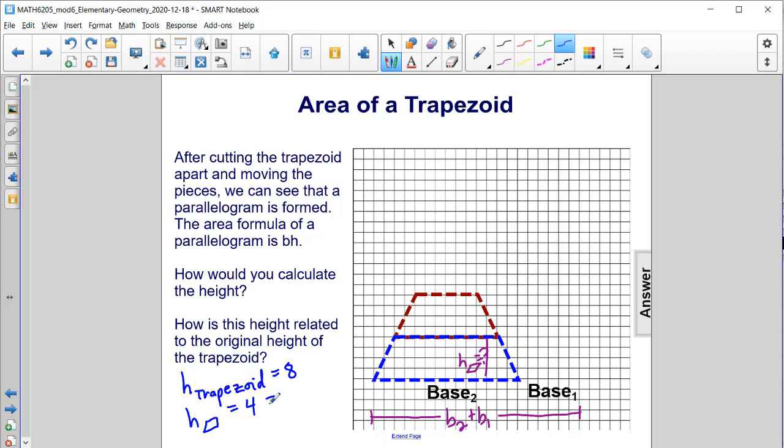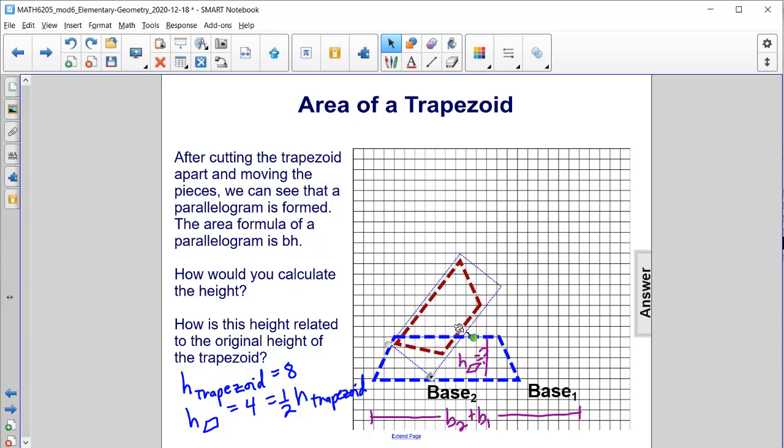So that's 1/2 the height of the trapezoid. And let's actually re-rotate this and put it back where it was. And we can clearly see that this is half of that original trapezoid height.